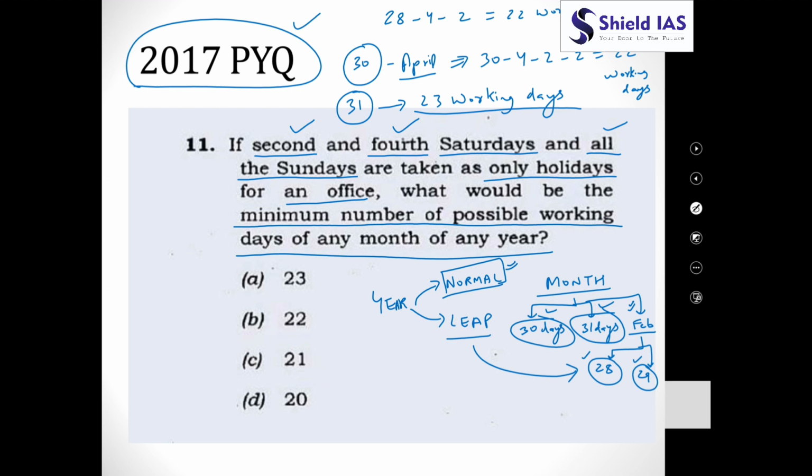In no other case will you get less than 22 days. So the correct answer to this question would be B. It is 22 days which is the minimum number of working days in any month of any year. It is not the case that 22 working days happens only in February. This can also happen in April.